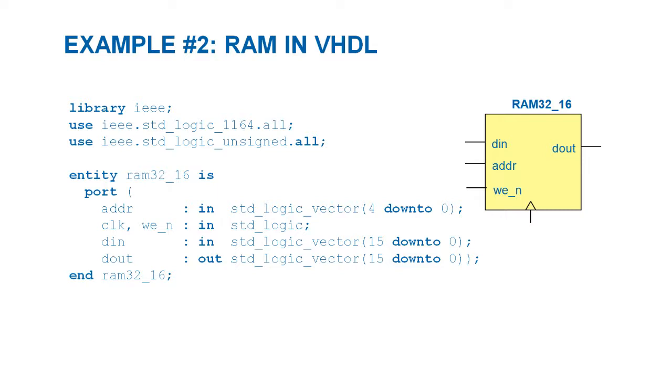Because we are going to have 32 address locations, we probably need a 4 down to 0 address bus. Then we need a clock, and now we have a write enable that is active low. Okay, that is active low. So that's why we put _n as a convention to remind us in the future that this is an active low signal.